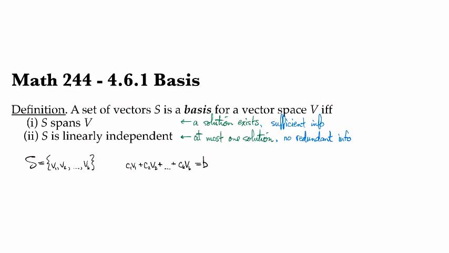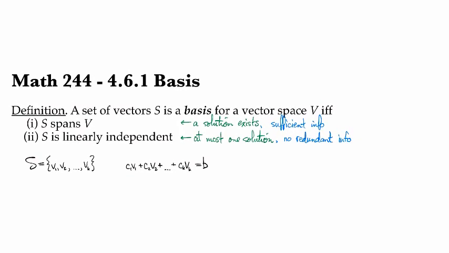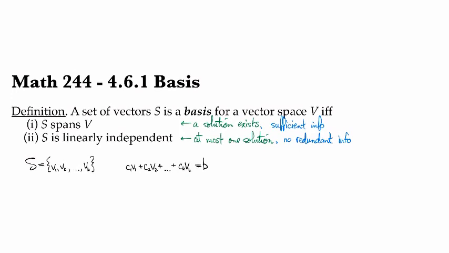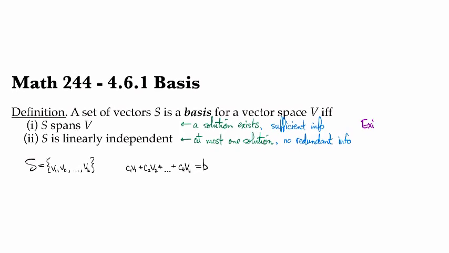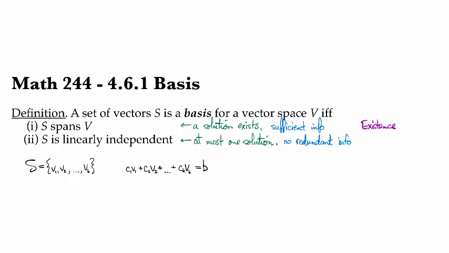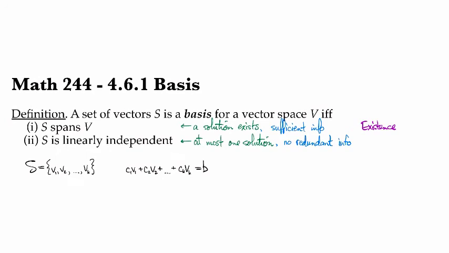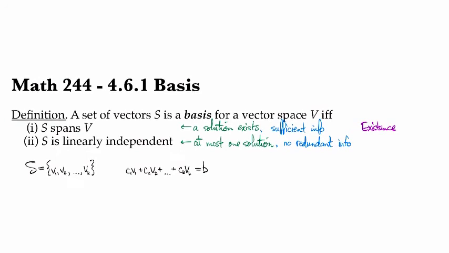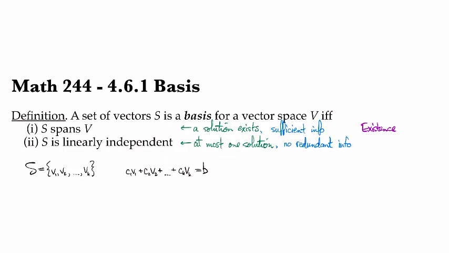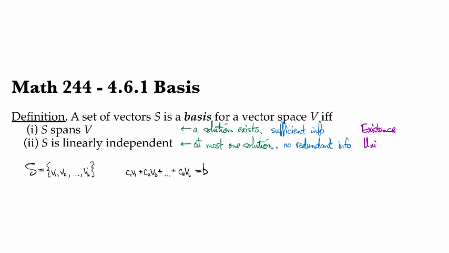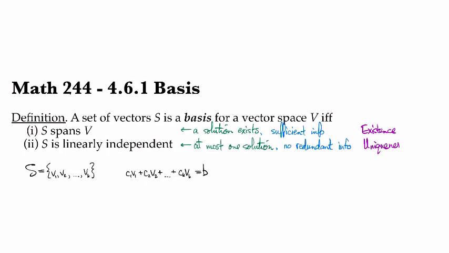So the first criterion, that S be a spanning set, is an existence criterion. There always exists a solution. And the second one, linear independence, is a uniqueness criterion.